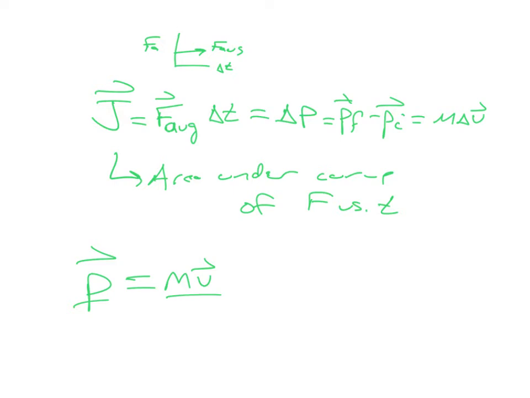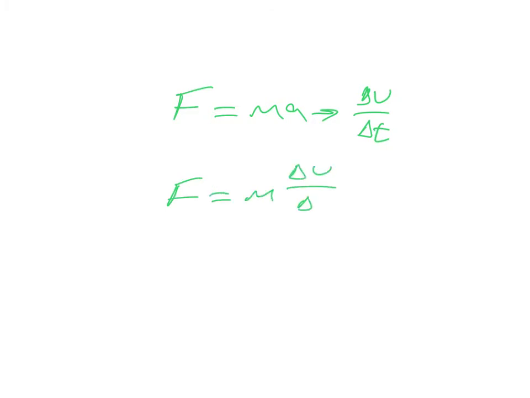Now, a nice little thing is to talk about where this comes from. Where impulse and momentum comes from is that we know forces cause acceleration. So force equals mass times acceleration. Well, acceleration is actually a change in velocity over time, which means that my force equals mass times delta v over delta t, and then I get F delta t equals m delta v.